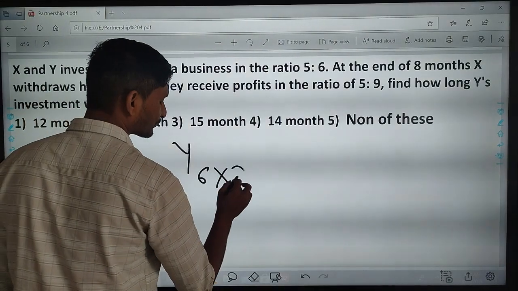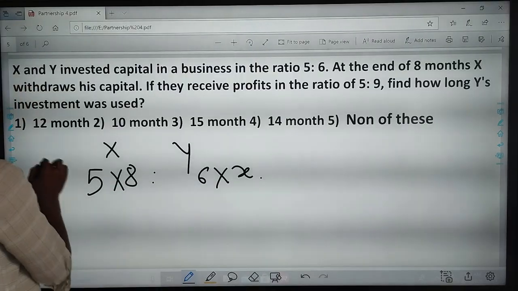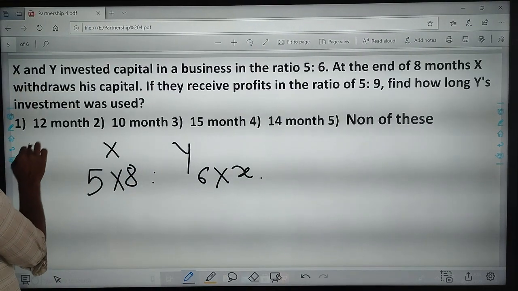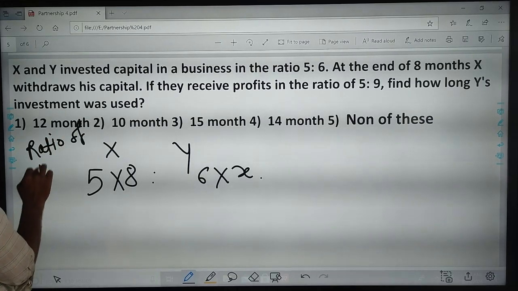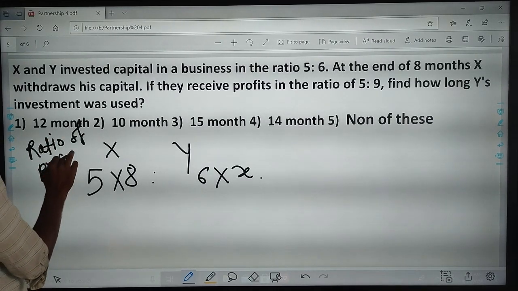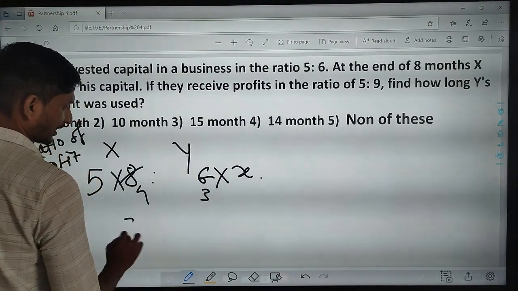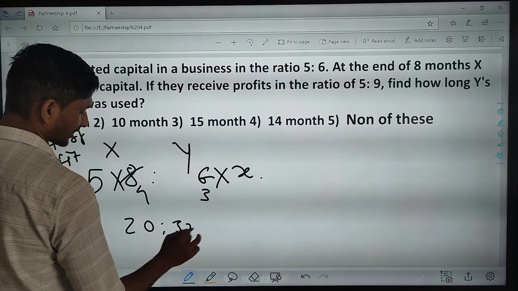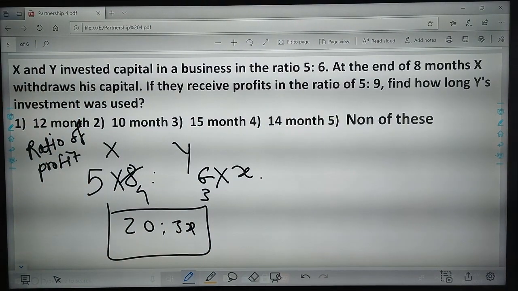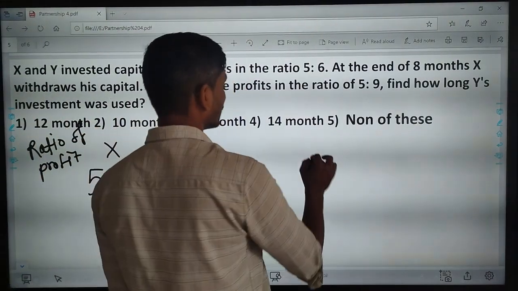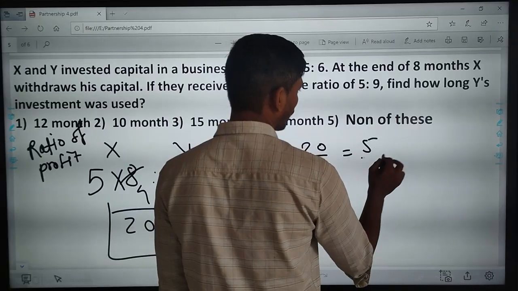Then Y invested for x months. Then from this, the ratio of profit is 5 into 8 as to 6 into x, that is 40:6x, which is 20:3x. Then the ratio of profit is given as 5:9, then 20 upon 3x is equal to 5 upon 9.